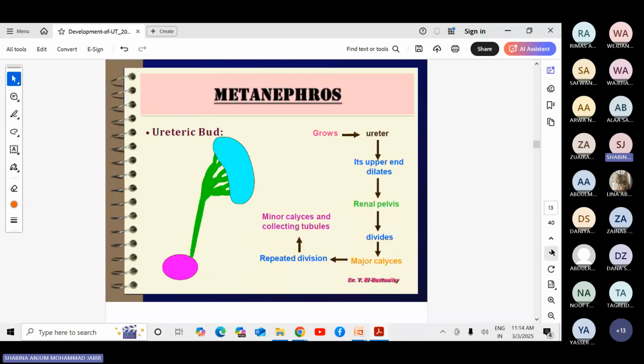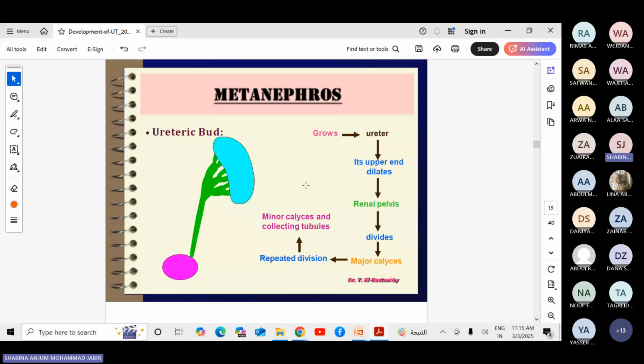Then we have the final structure, called the metanephros, which is going to give the kidney in higher animals. Here we are talking about the ureteric bud. So where is the ureteric bud? This is it.